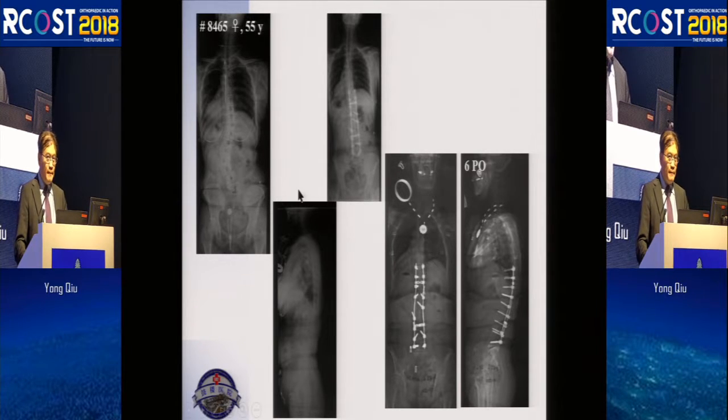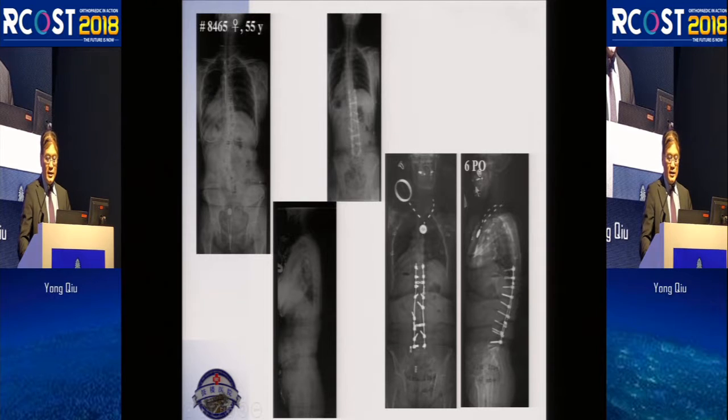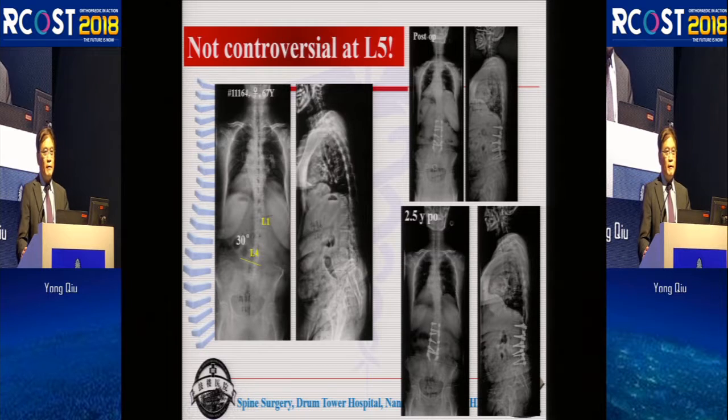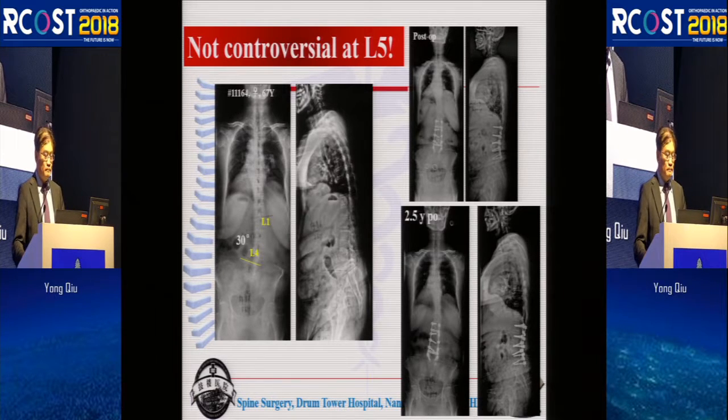We stopped at L5, and with 6 years of follow-up the patient does very well. For relatively short instrumentation, such as this patient, we stopped at L5 with 2-year follow-up, and the patient does very well. I think there is no controversy.